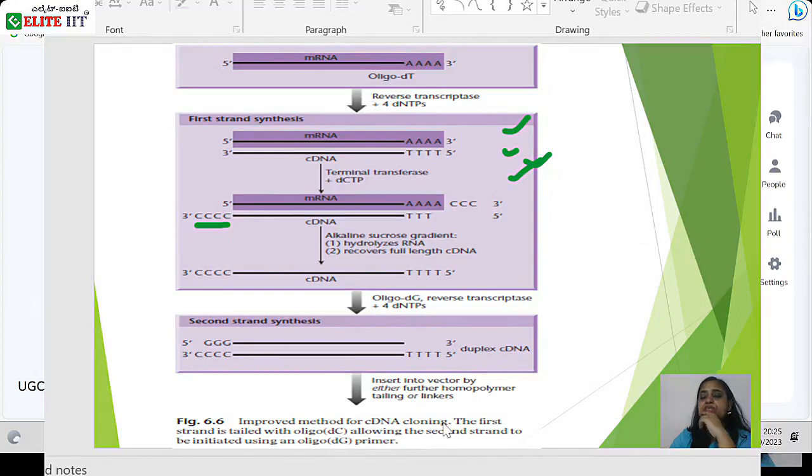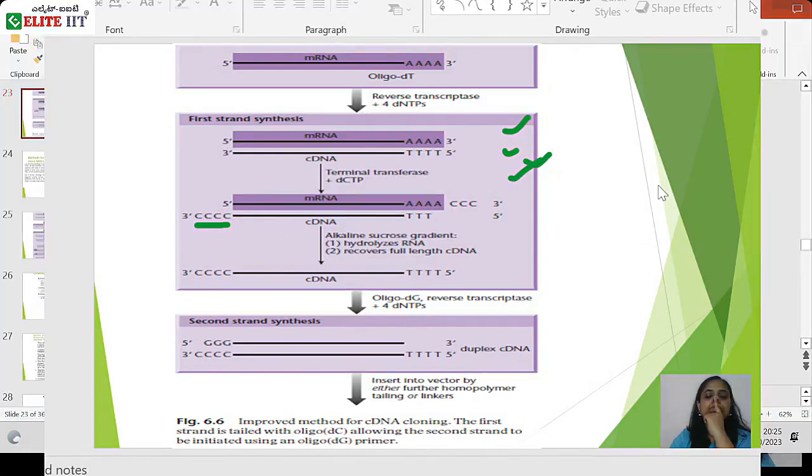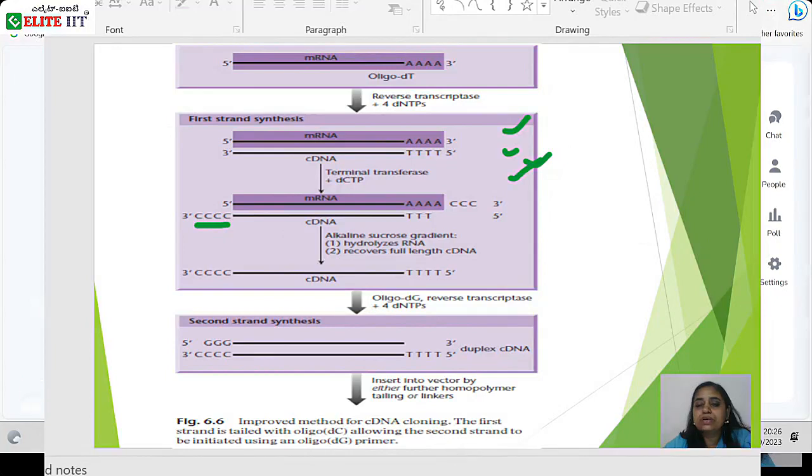Shraddha is not joining today. Don't know. Yesterday she told me that she will join, but she couldn't join. Okay, is it visible now? No, it got frozen again.